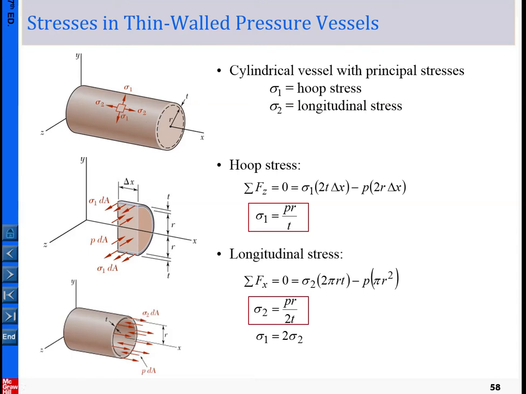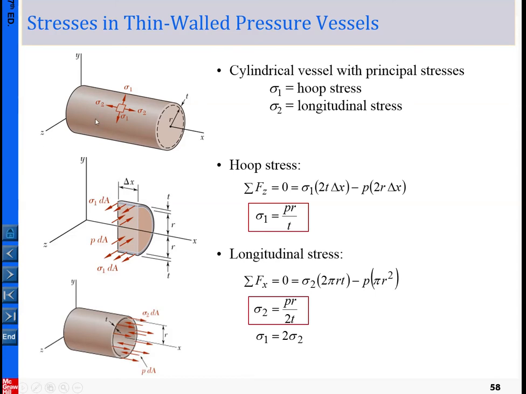For all pressure vessels, we select our coordinate system by pointing x in the longitudinal direction, then using the right-hand rule to define y and z. In this particularly chosen coordinate system, where we define sigma 1 and sigma 2, this orientation is in the principal directions of the pressure vessel.